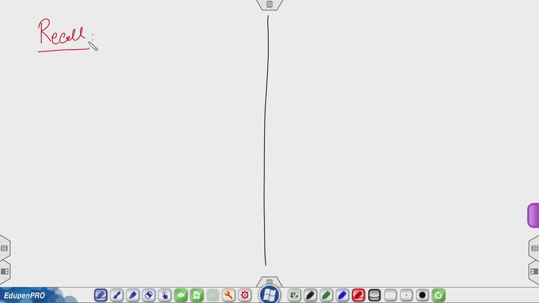So, let me recall that we did the Drude model last week with its successes and failures, or I would say shortcomings.